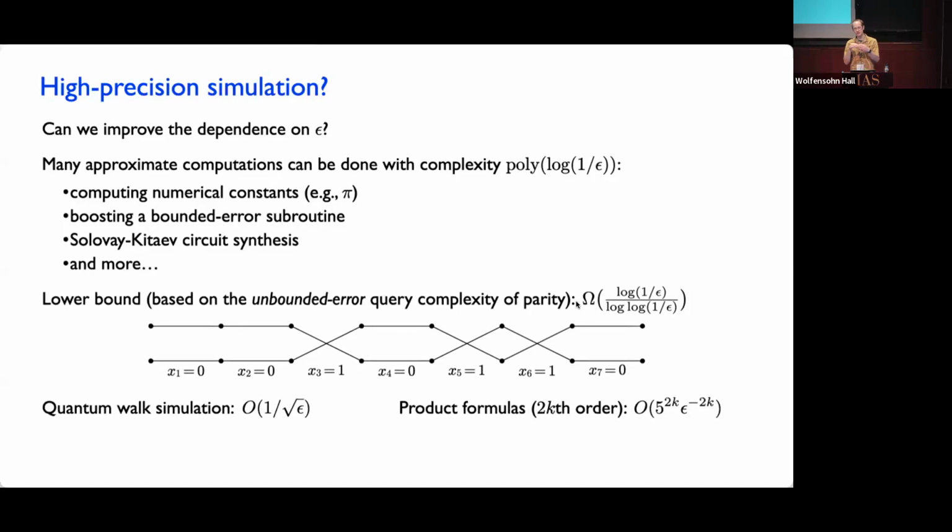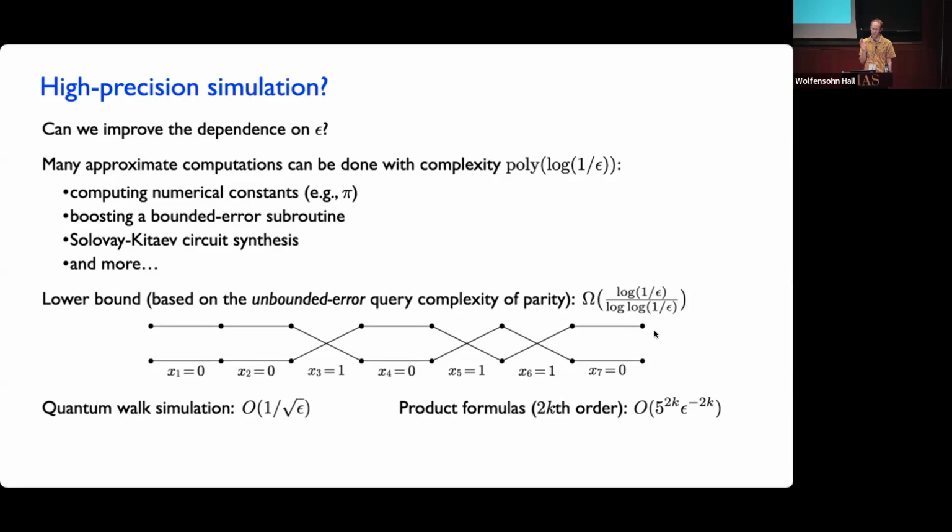So you could give an inaccurate simulation of the dynamics and still get some advantage against random guessing for computing parity. Even that shouldn't be possible, and that allows you to establish limitations on the number of steps you need to simulate the Hamiltonian dynamics, and the bound that you get is exactly this.